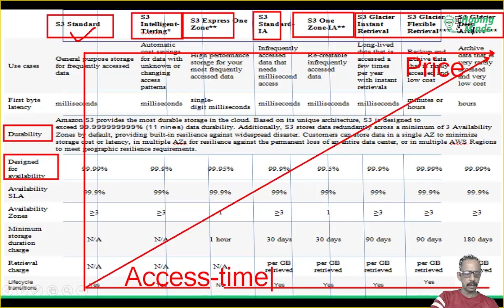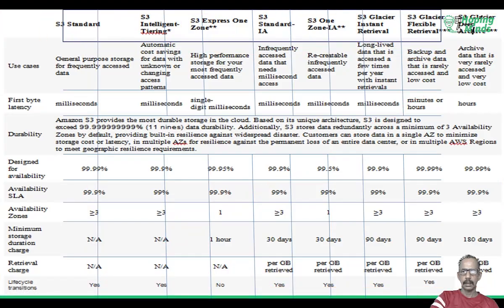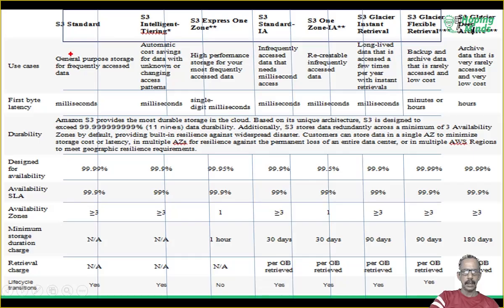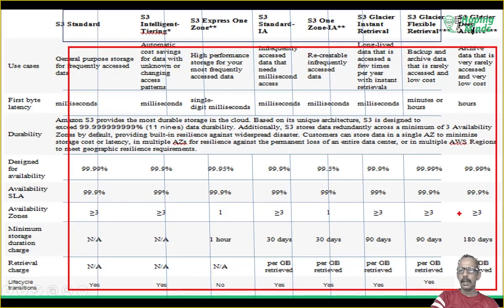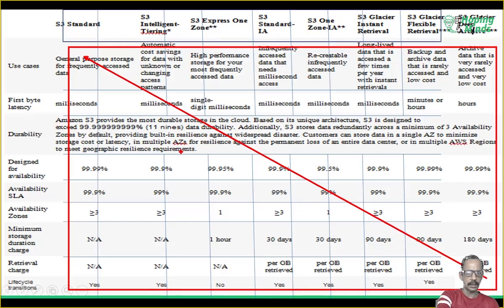Sorry, we did it the wrong way. If we design it again, here is the thing that we have to draw. Price is high at this side, and it keeps decreasing.